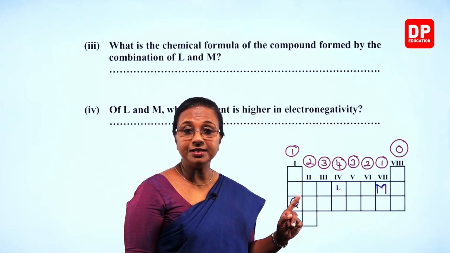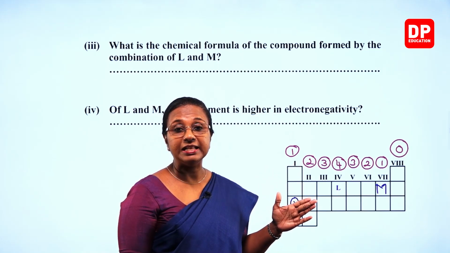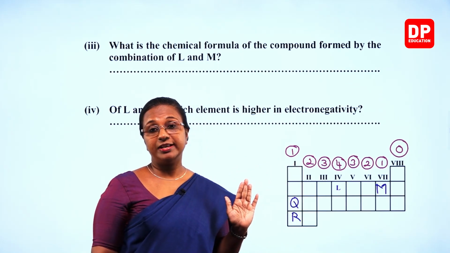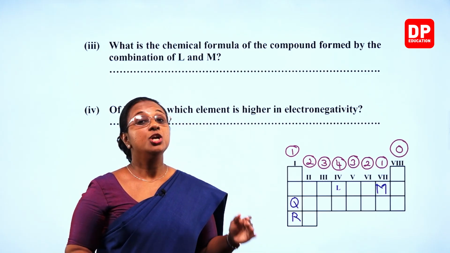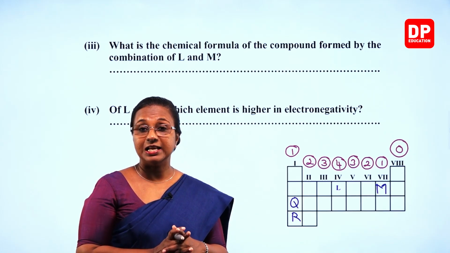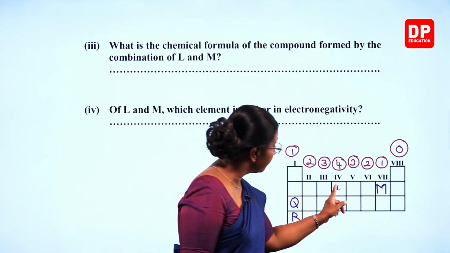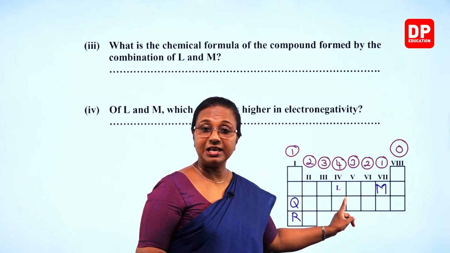What is the reason? These elements form compounds in order to obtain the noble gas electronic configuration, which is the stable electronic configuration. To attain that, they need to have 8 electrons in their valence shell. The first 4 elements have 1, 2, 3, 4 electrons in their valence shell.